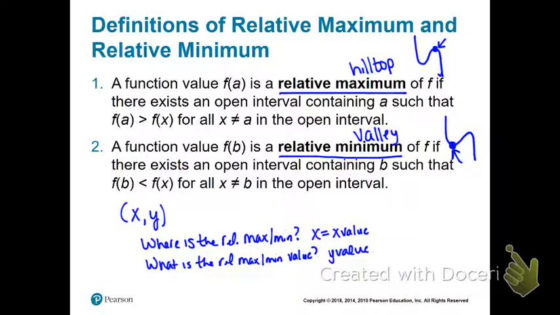We can have more than one relative maximum or more than one relative minimum. So I could have a graph maybe that looks something like this. It's got several hilltops or several valleys. In that case, it's got more than one relative maximum or more than one relative minimum. And so they just call them maxima and minima as a plural form.